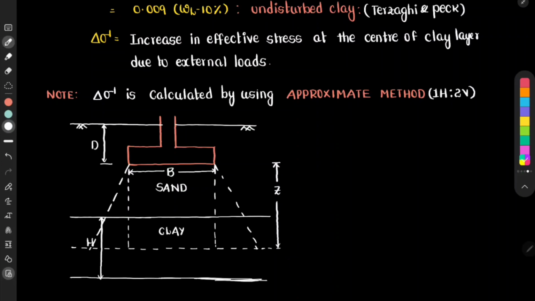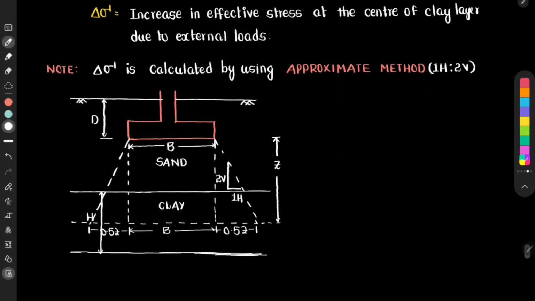The load distribution slope is 1 horizontal, 2 vertical. So if this is Z, then this part is 0.5 Z, similarly this part is 0.5 Z, and then this is B. Let's say the load transferred from the column to the footing is Q.